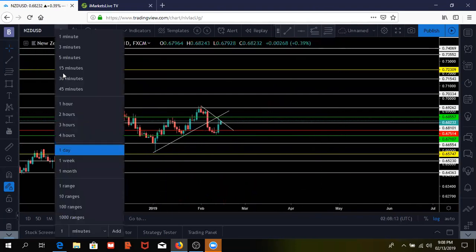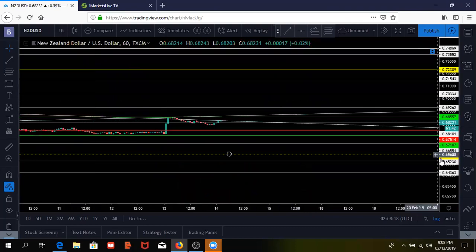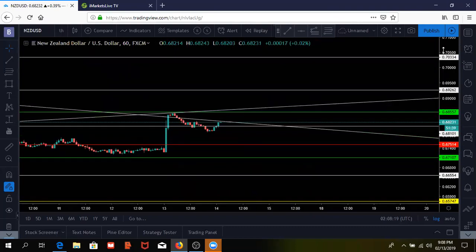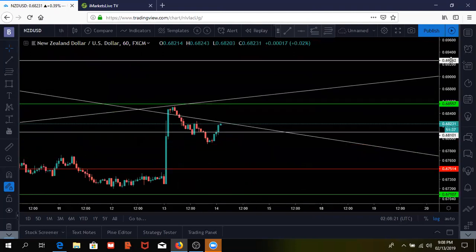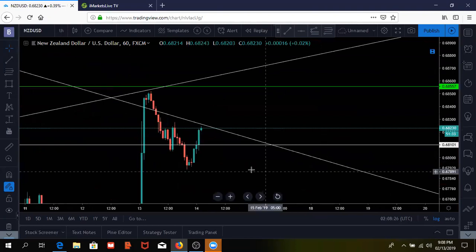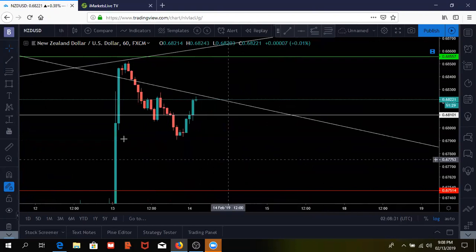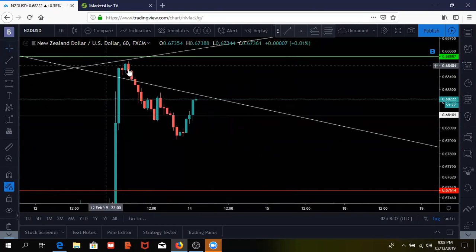So let me go back down to a 1 hour real quick. Yeah, I think this might be the trend line that I had drawn out to the top.